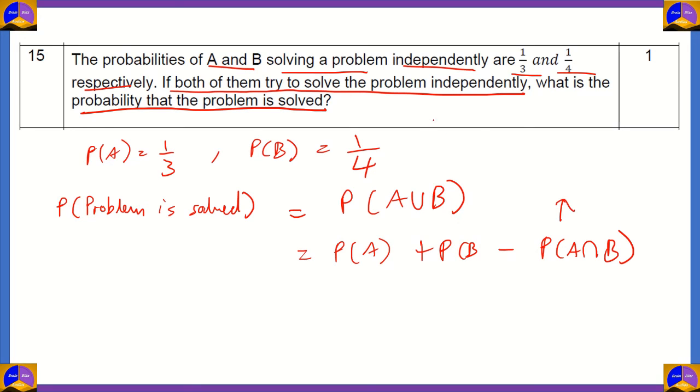That shouldn't be a problem because in the question it says both of them try to solve the problem independently.